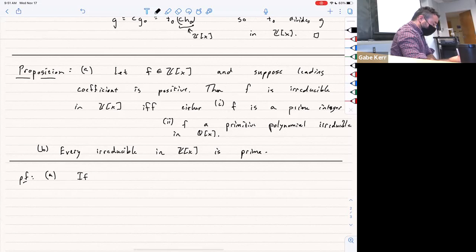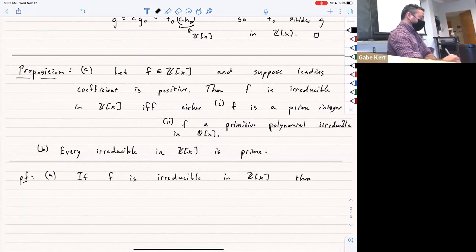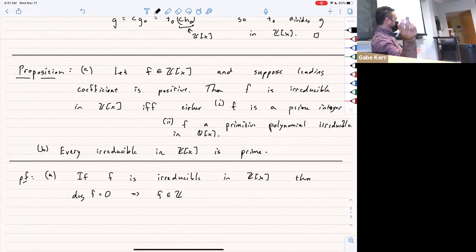But let's start. If F is irreducible in Z[X], then, well, let's split into two cases. Case 1: if the degree of F equals 0, F is an integer. It's positive because we assume that the leading coefficient is positive.